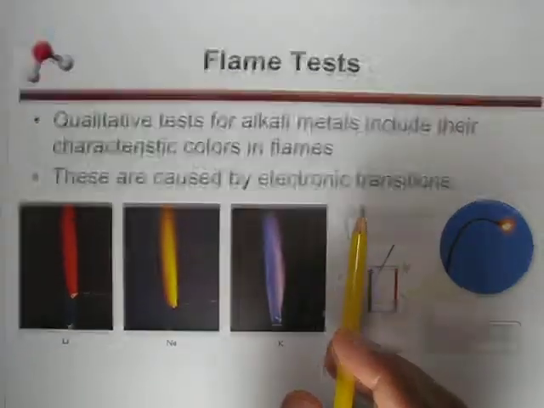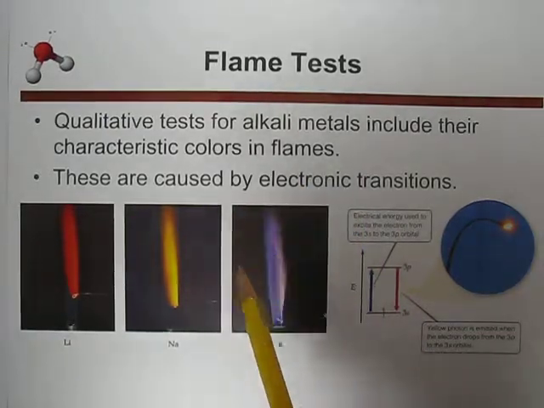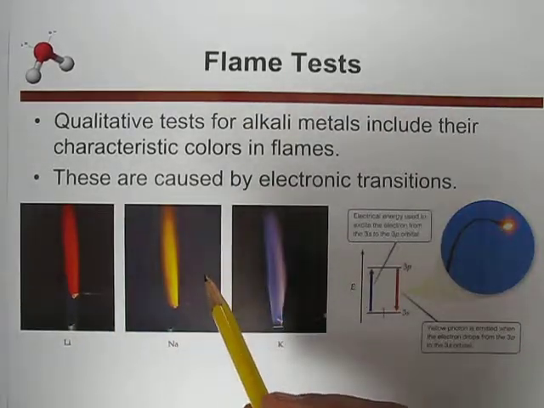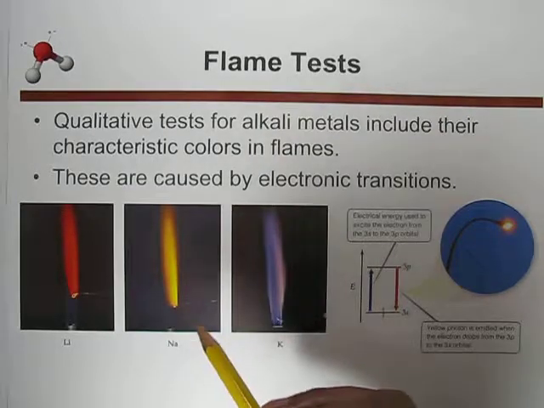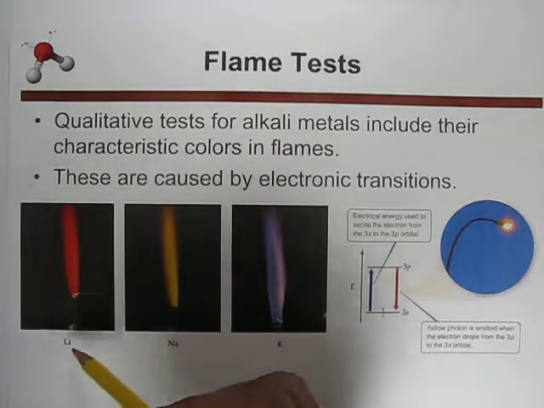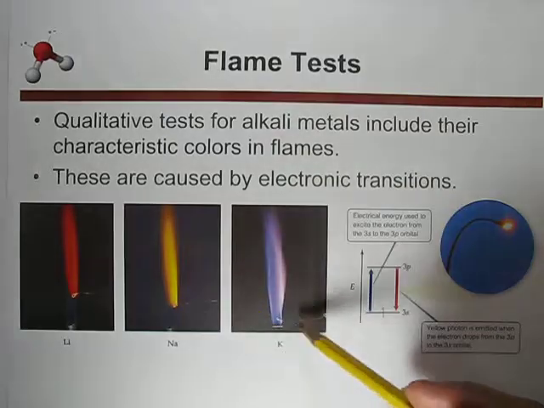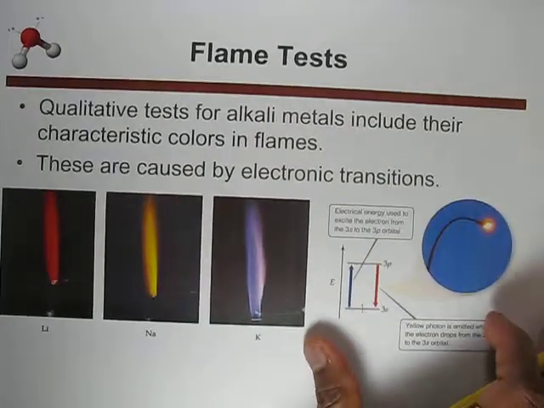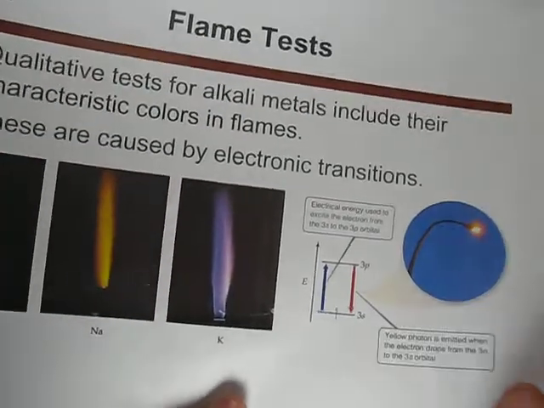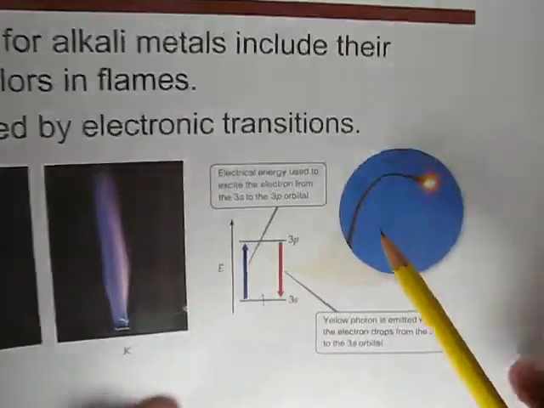You may remember the Bohr model from studying electronic configuration, which shows line spectra. Whenever lithium is burned it gives a red color, sodium yellow, and potassium blue. So the qualitative tests of alkali metals include their characteristic flame colors.